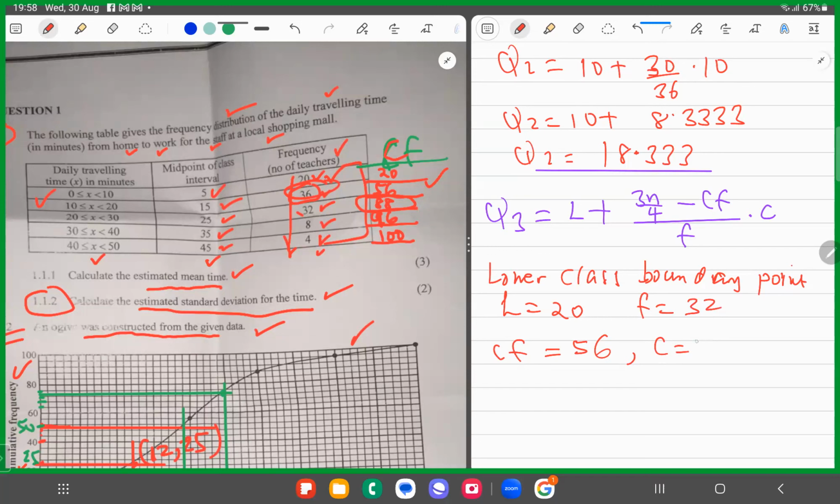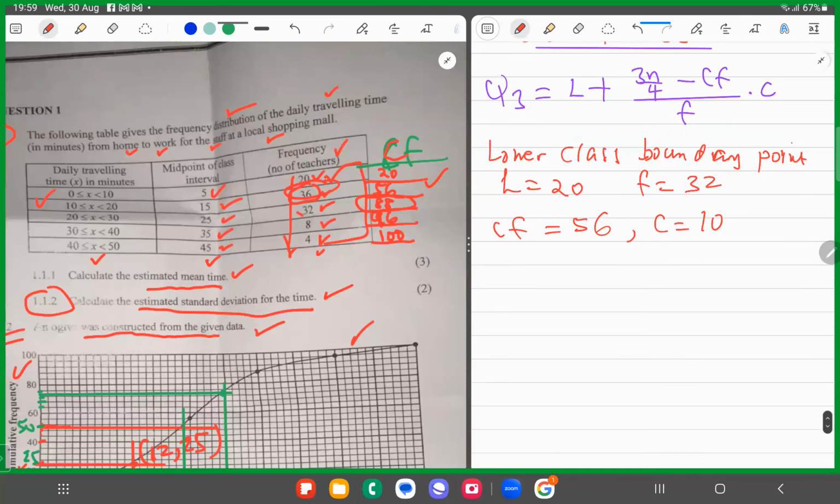And then we have the 20 to 30, so that one is exactly your class width, 10.